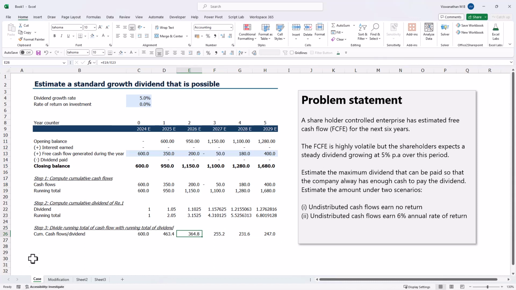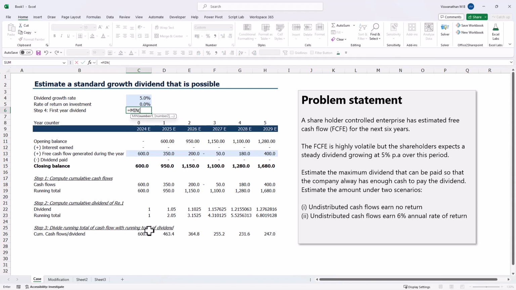Our final answer is going to come in step 4, and the final answer is essentially the lowest of all these values. Let me get that answer here. Step 4, the final dividend, or rather the first year dividend, is going to be the minimum of all the cash flow upon dividend numbers that we have here.